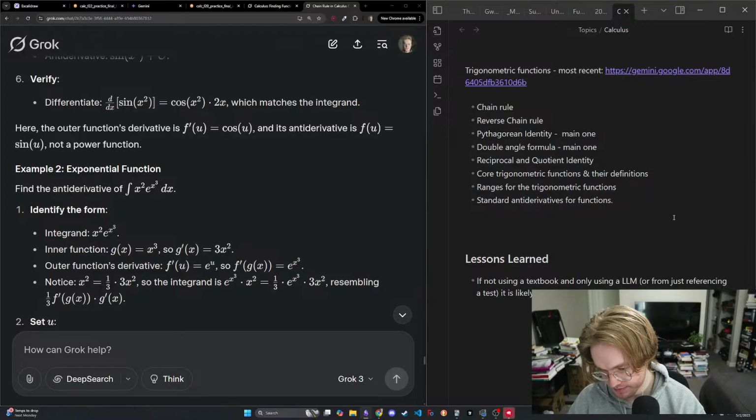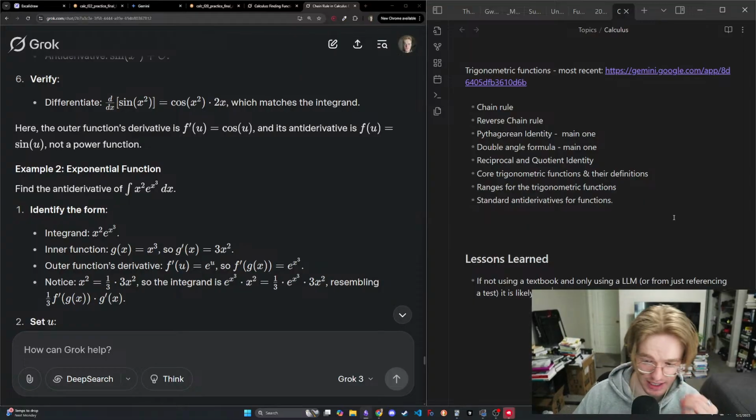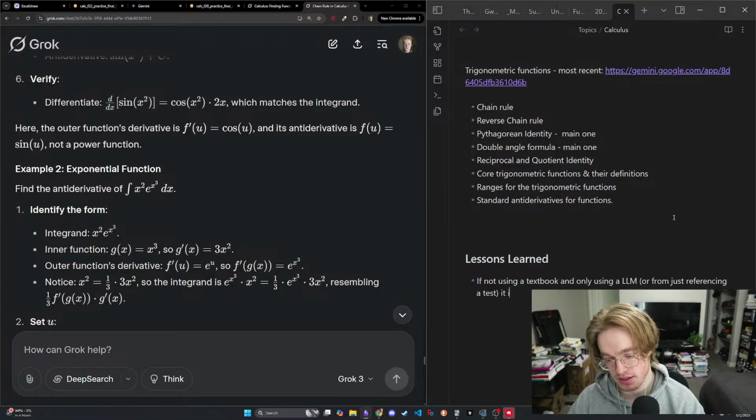Okay, let's see. So if not using a textbook and only using a large language model, or just referencing a test, it is entirely reasonable.